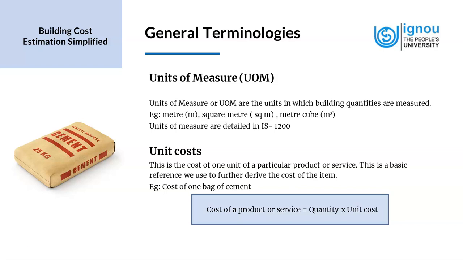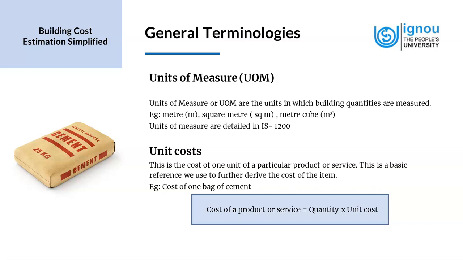So if we have a 30 grade concrete, then we would need 300 kg per meter cube of cement in that. So these are some of the examples of how unit cost can be used to find out the cost of the total amount of that particular material in that particular building project.